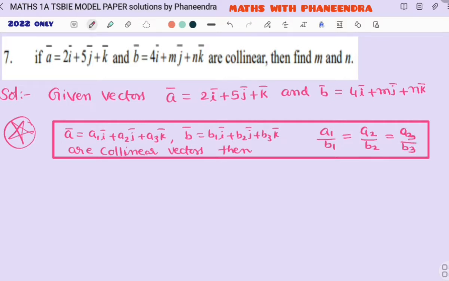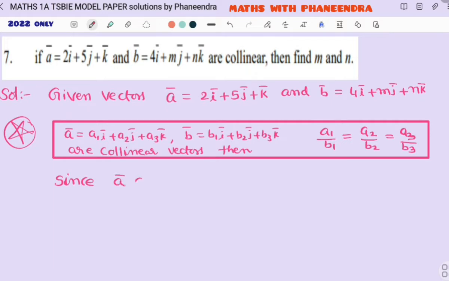Suppose the vectors are taken as a1i plus b1j plus c1k and a2i plus b2j plus c2k, that time a1 by a2 equals b1 by b2 equals c1 by c2. According to my assumption, I am writing here. According to your convenience, you write it, dear students. I hope you understand.